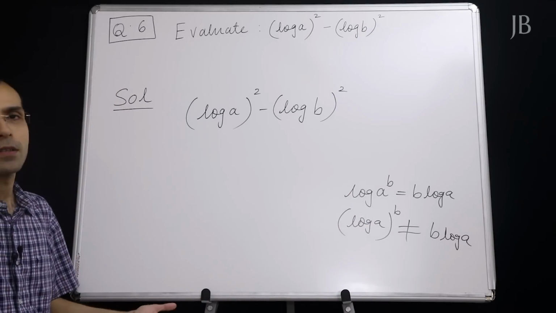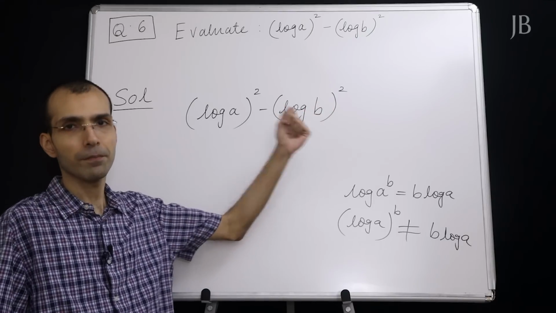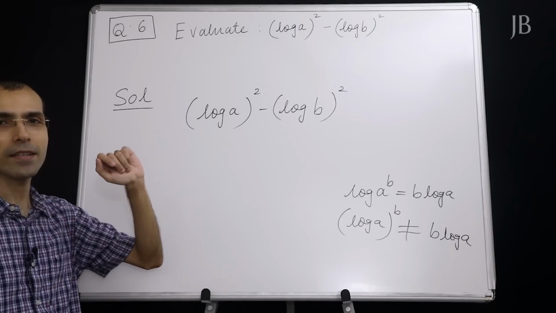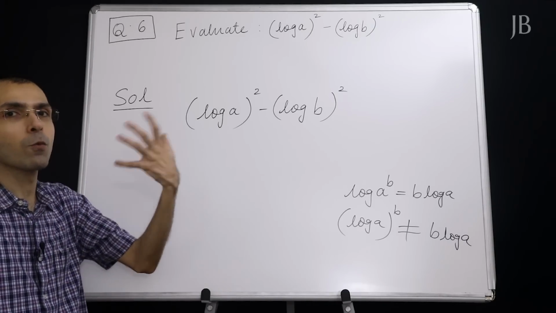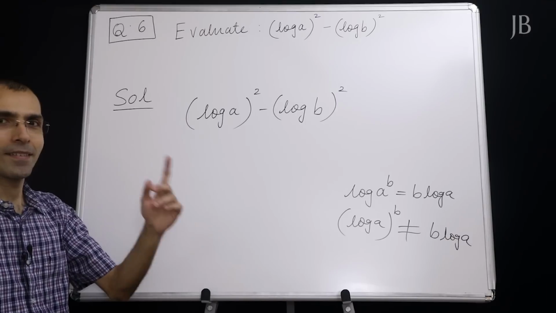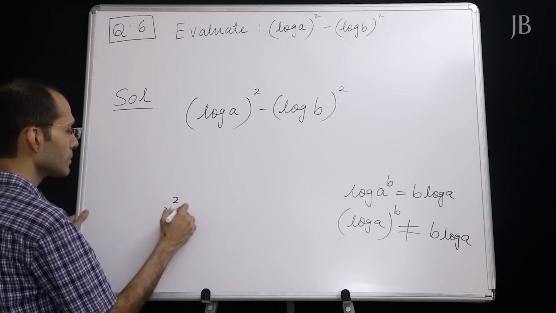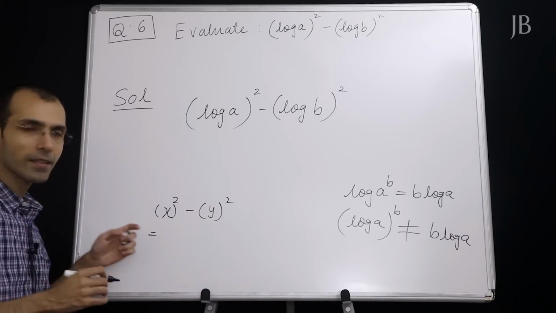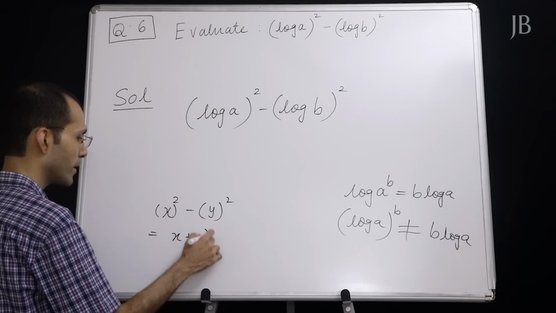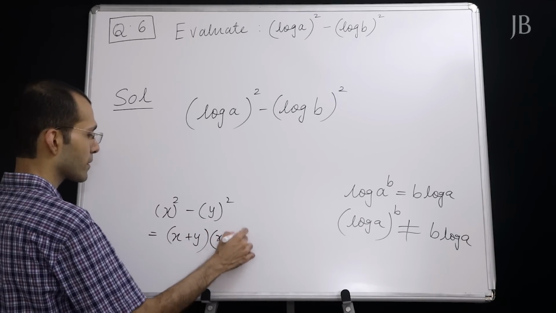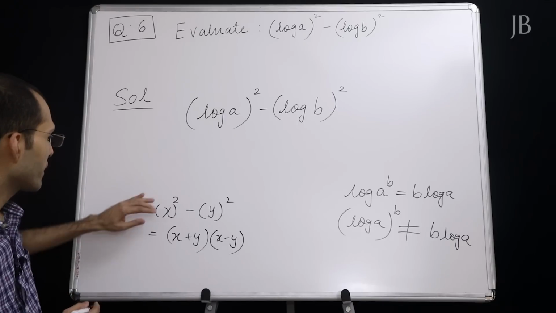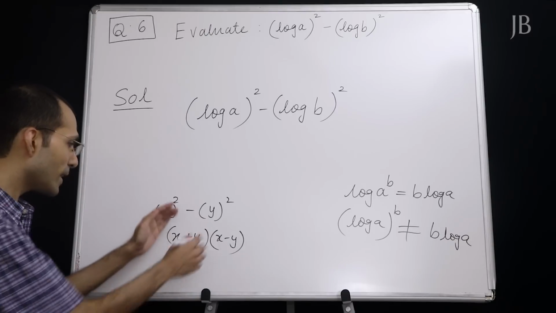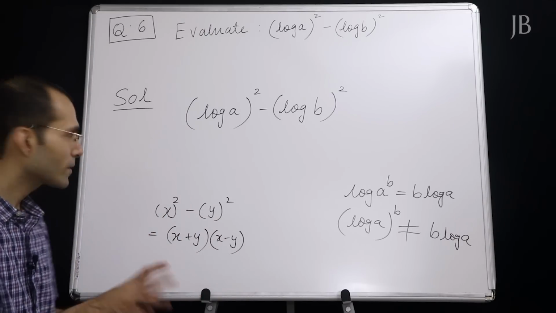Now what to do? The same problem comes here also in this term. Recollect your basic factorization of class 7, class 8. x square minus y square. How can we write this, factorize? It will be x plus y into x minus y. So if you want to remember, it's like this square minus that square, so it will be this plus that into this minus that.